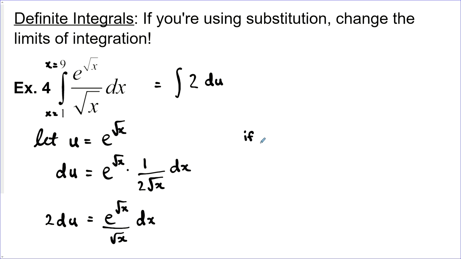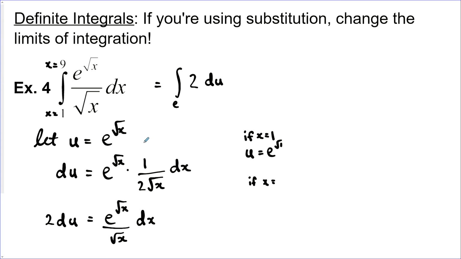So we'll say if x is equal to 1, taking the lower limit here, then we just plug it into this equation right here and get the corresponding u value. And we'd have u is equal to e to the square root of 1, which is just 1. So it just equals e. So our new lower bound here would be u equals e.